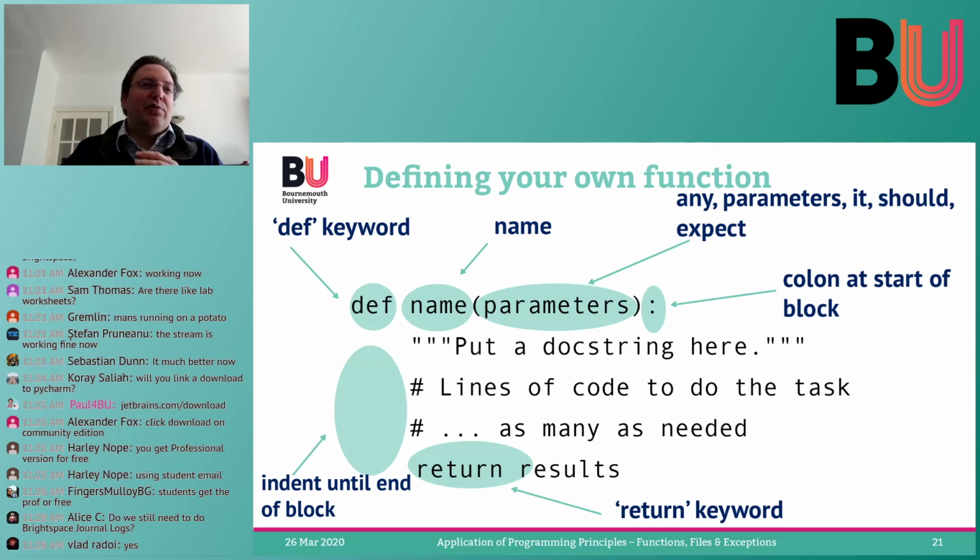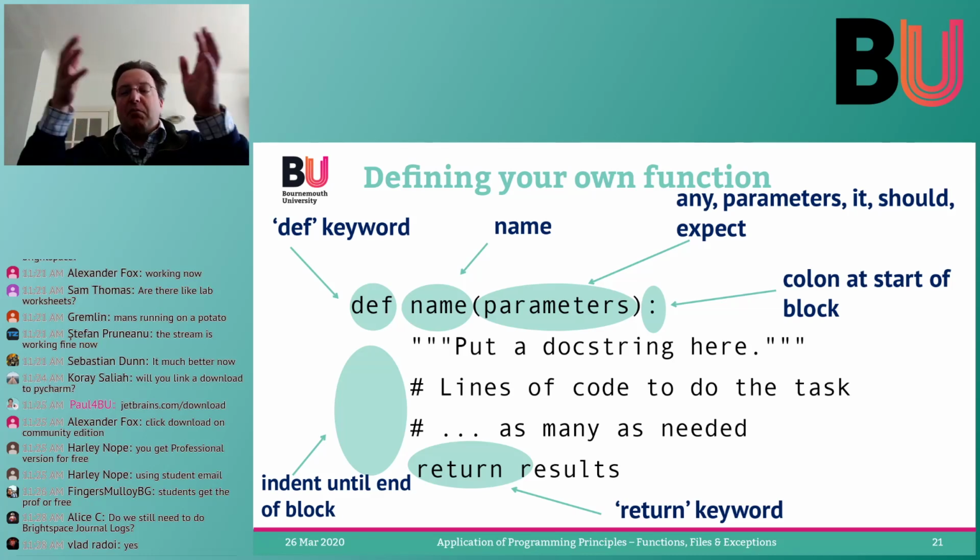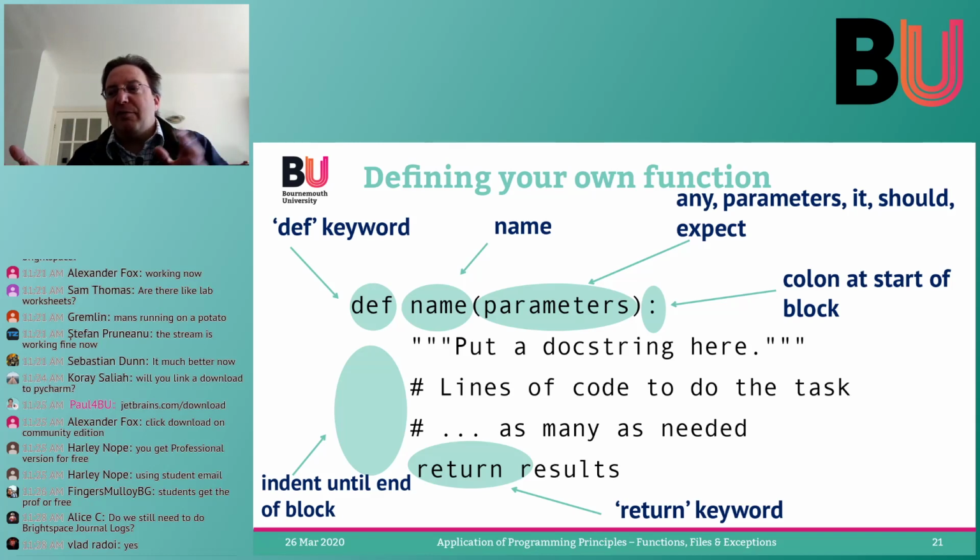The pound sign or hash, whatever you want to call it, is for comments. Then you have as many lines as you need to perform the task, and then you can have a return keyword that gives you a result for your function. If you have a function with a result, you can then say print, the name, and whatever parameter you have, and then the print function is passed the result of calling your function.